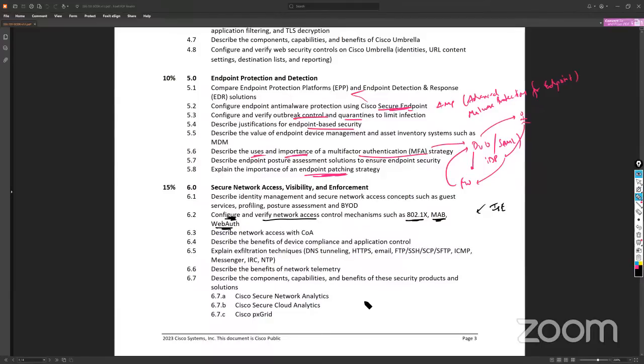And they want you to understand things like what are guest services, what is profiling, what is posture assessment, what is bring your own device, how do you implement this through ISE. I mean, not implement, but you should be able to describe what BYOD is. Then you should know what CoA is. This is part of your RADIUS protocol.